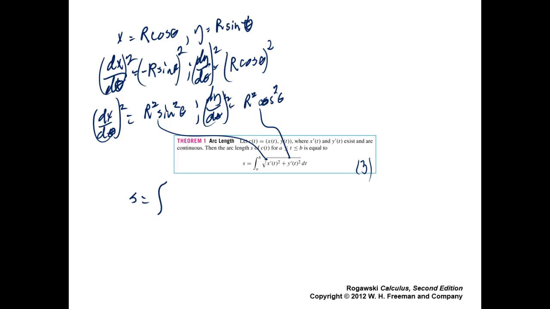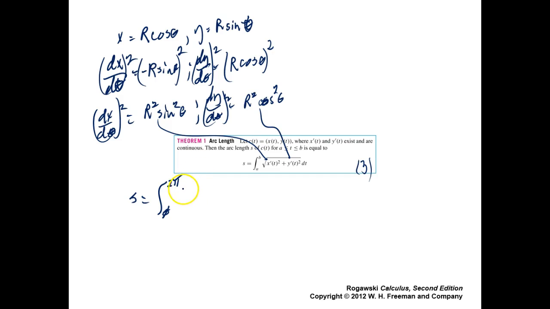So what's theta going to be if you are going to calculate the arc length of a circle? Where does your theta go as you go around the circle? 0 to 2 pi. So those are your limits on the integral of the independent variable theta, 0 to 2 pi.